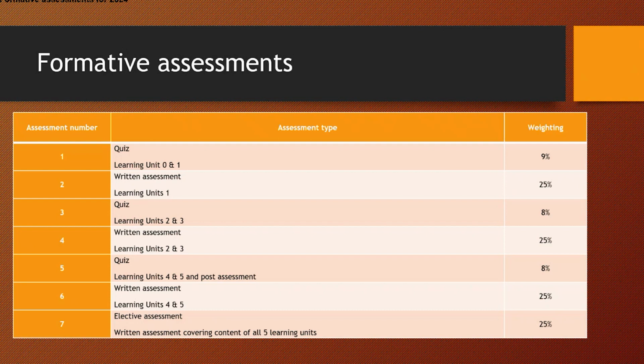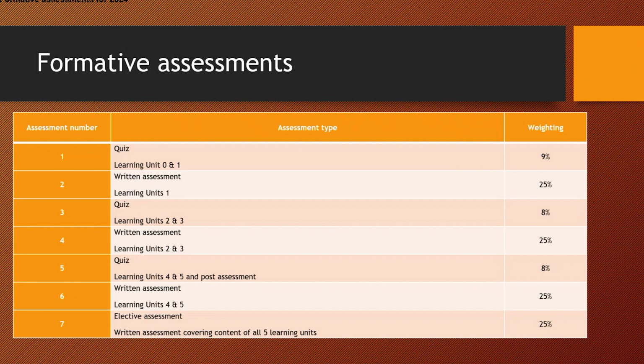If you have completed all 6 of the assessments, you do not have to complete assessment number 7. It's only for those that failed to submit one of the written assessments during the year due to illness or unforeseen circumstances, and they still stand a chance of having one of the written assessments handed in.